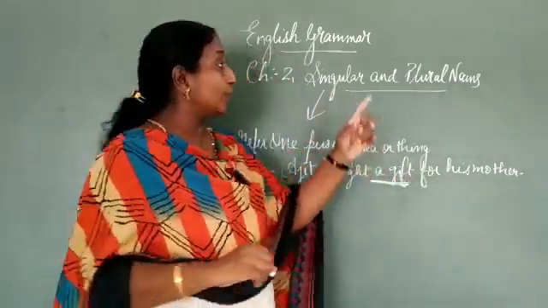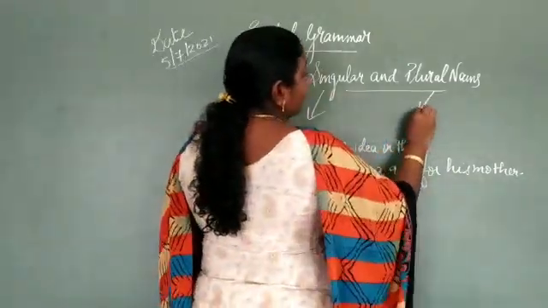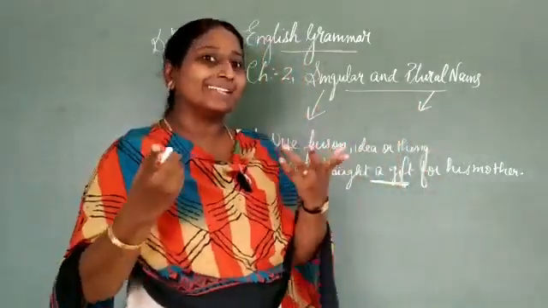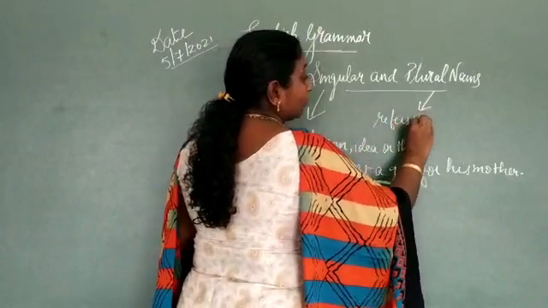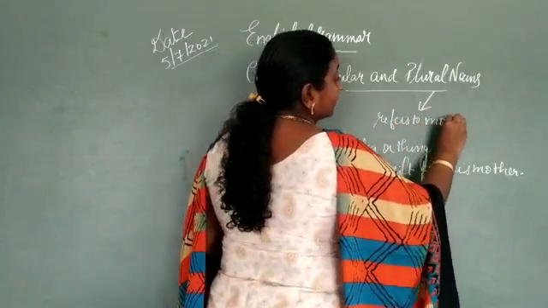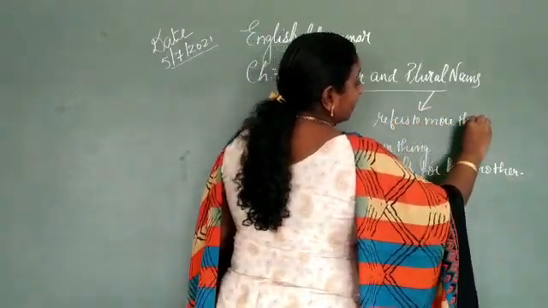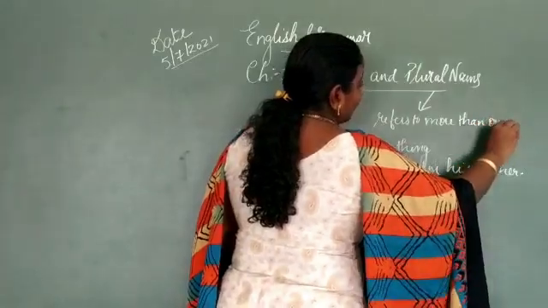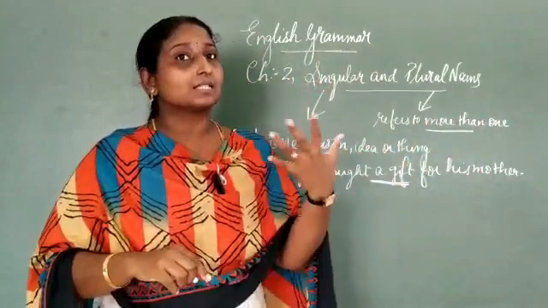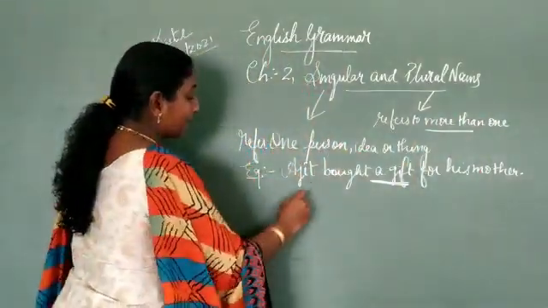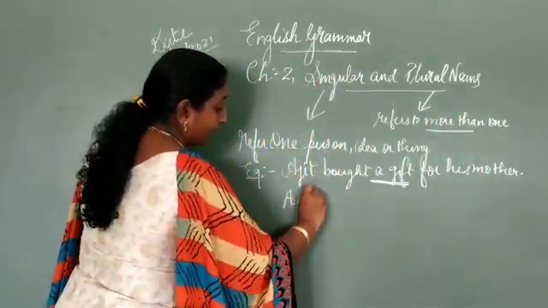The same way, when you go with a plural noun, it refers to more than one. Okay, more than one means it can be more than one person, idea, or thing. Suppose the same example I can write like this.